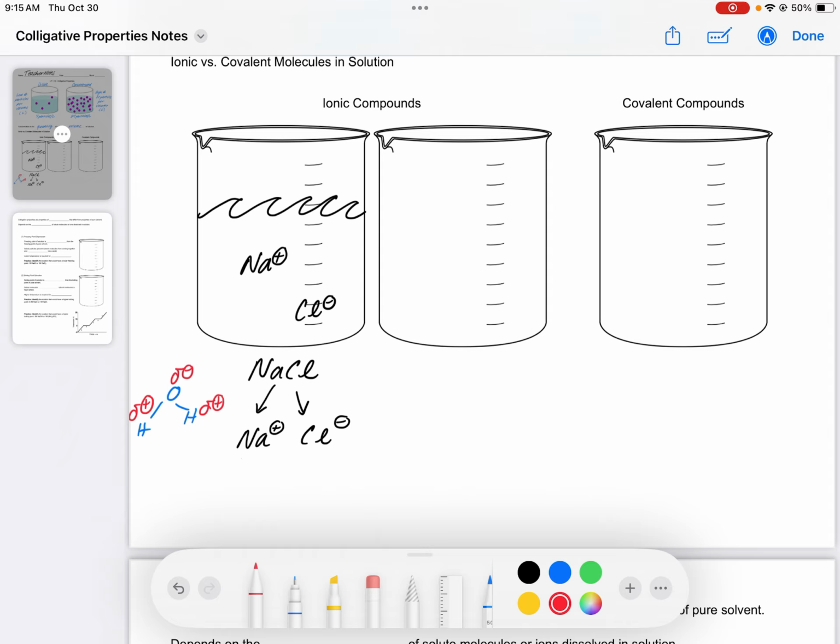So what we're going to see is a water molecule, when it surrounds sodium, the oxygens are going to be pointed towards sodium. And when it is surrounding chlorine, the hydrogens are going to be pointed towards the chlorine. And so you can just imagine that there are lots and lots of water molecules surrounding these and dissolving the ion.